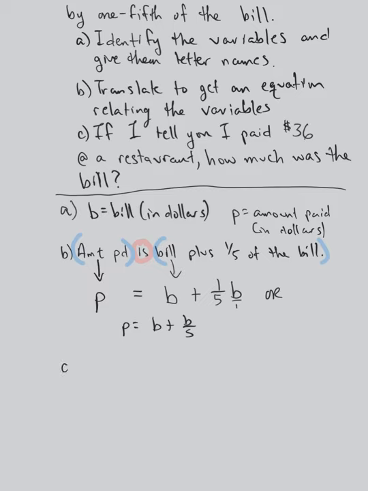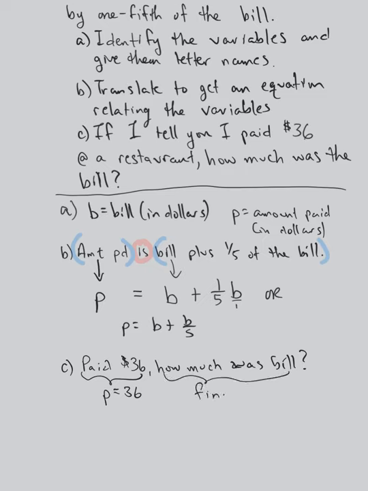Okay, and so part C is saying I paid $36, and I'm asking how much was the bill. Right? Like that. Well, the amount I paid is which variable? That's P. Okay, so I paid 36, and then now what is this telling me to do?